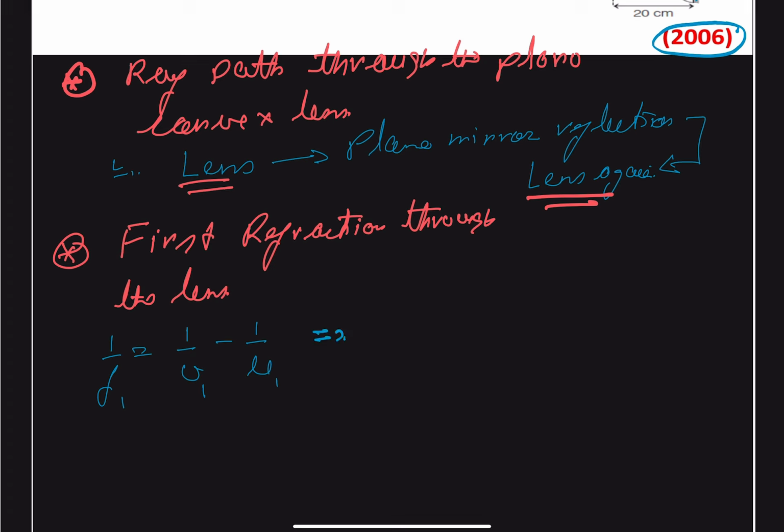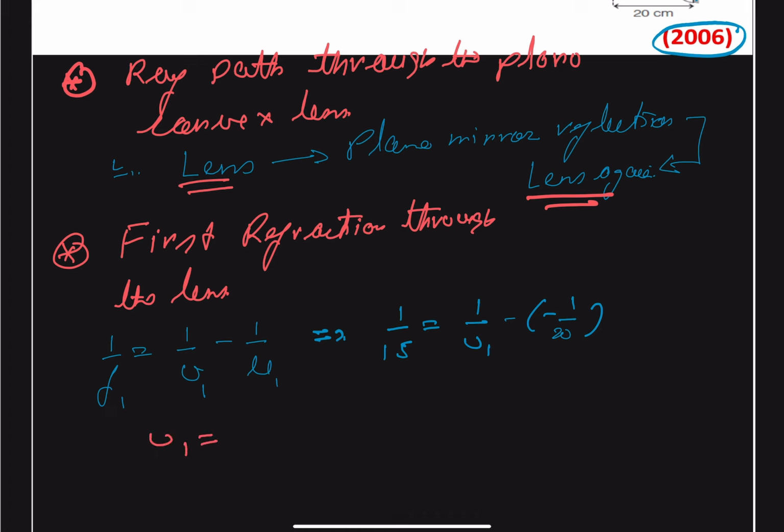So we substitute the values, we get 1 upon 15 is equal to 1 upon v1 minus of minus 1 upon 20. So this gives us that our v1 is 60 centimeters.